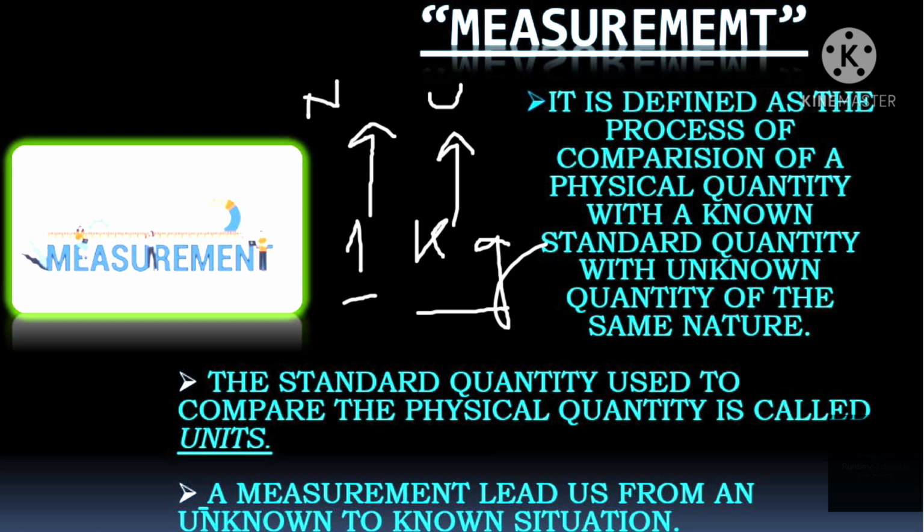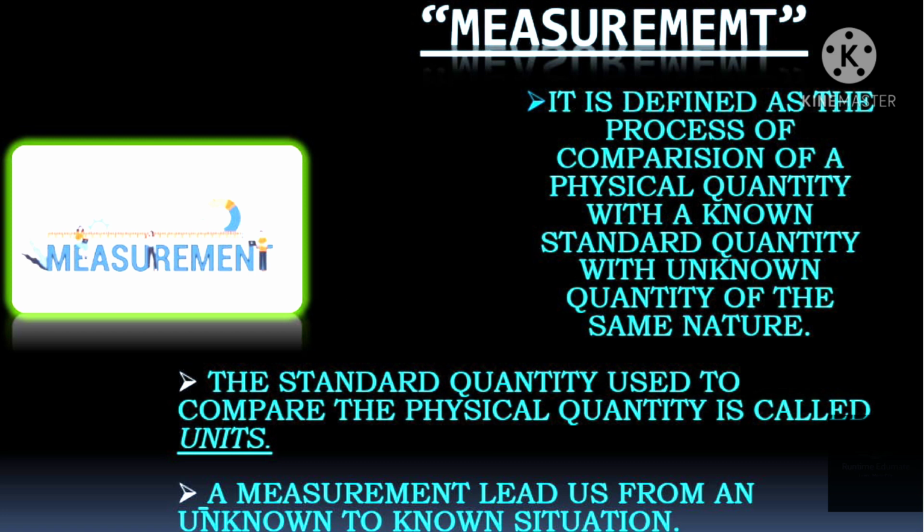So, kg is a unit that is used to measure mass. It is not used to measure any other physical quantity. So, from here we can get one property of units: a unit is a standard quantity that is used to measure or compare physical quantities of the same nature or the same type.